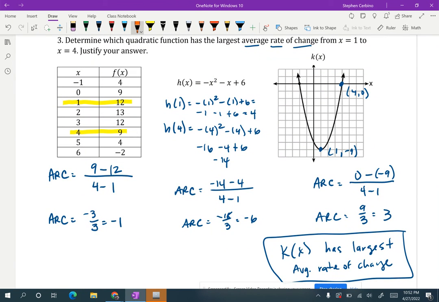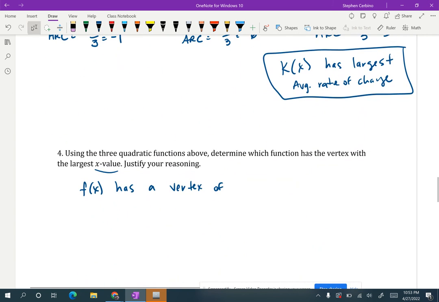If we look at the y values, they're converging to 13. So there's your vertex, (2, 13) for f. Here, my vertex we already found, that's the minimum, so k of x has a vertex of (1, -9).